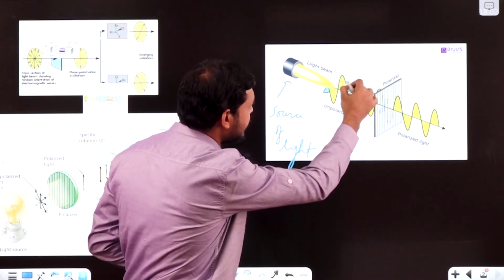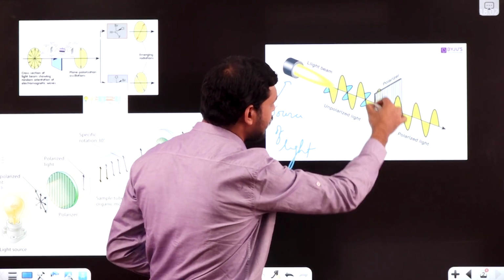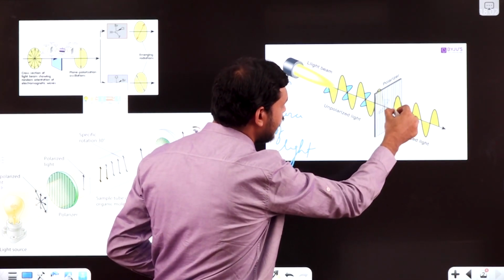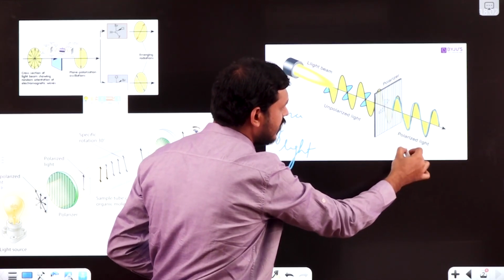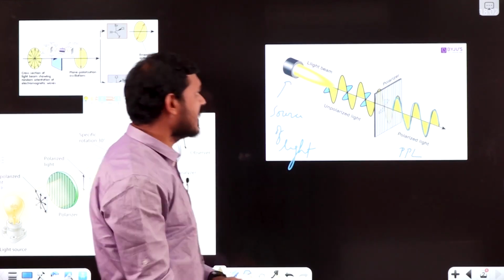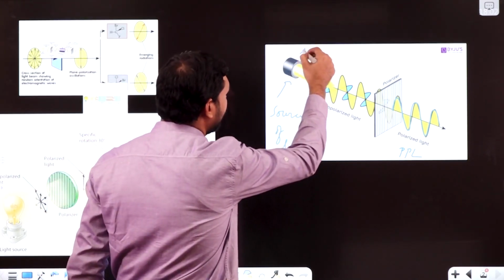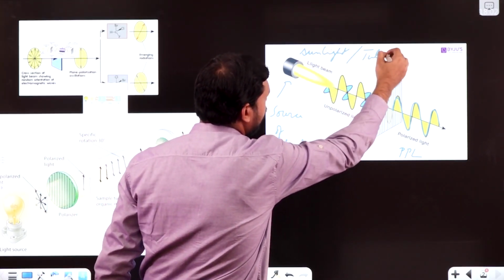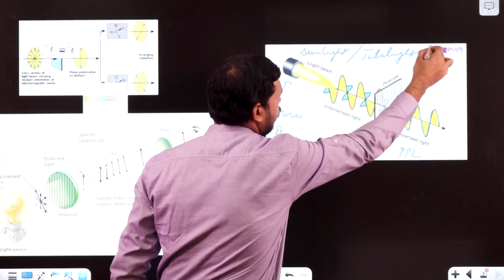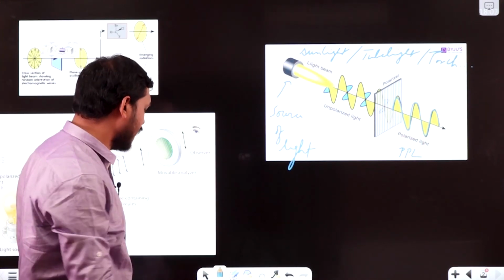It has oscillations in various directions, and as per the orientation of the polarizer, you can observe that light rays are coming out in a particular plane. So it is your PPL, plane polarized light. See, the source of light can be anything: sunlight, tube light, torch, or whatever you wish, right?